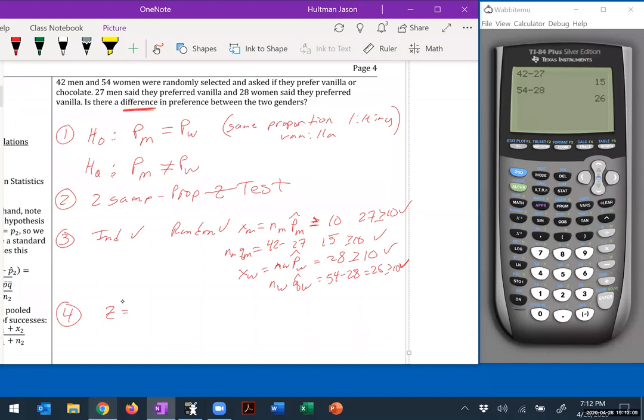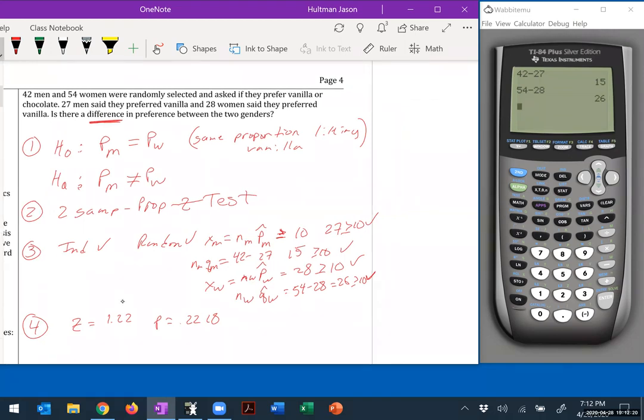Now on StatCrunch, it doesn't show PM equaling PW. It shows PM minus PW equals 0. It's the same thing. And this one, it doesn't show PM not equal to PW. It shows PM minus PW is not equal to 0.